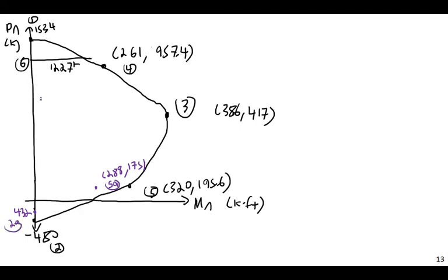Then I have a reduced value. Let's get 3A here: 3A at 253, 274. 4A at 170, 622.